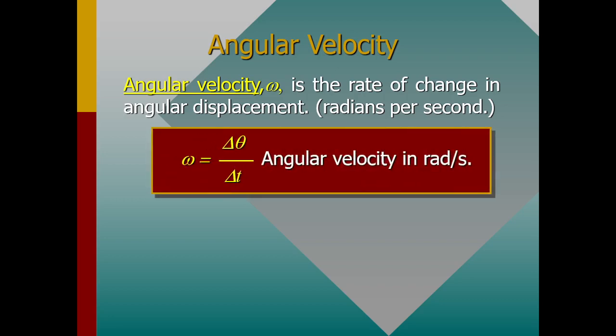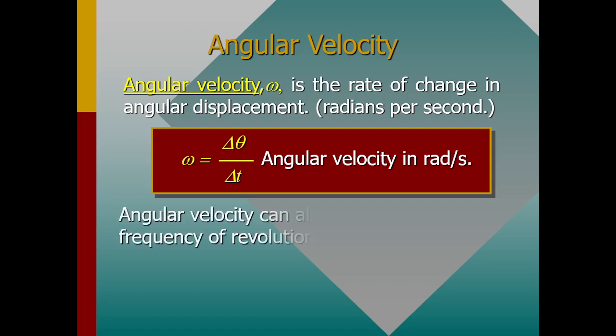This gives us the formula: angular velocity is equal to change in angular displacement over change in time, just the way we say change in displacement over change in time in linear motion.